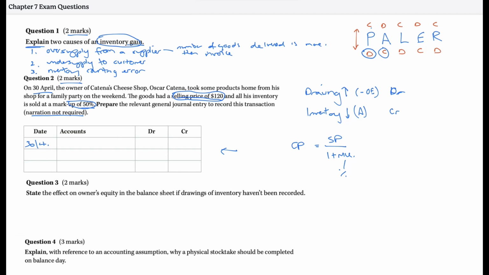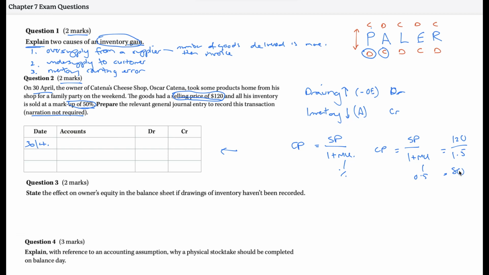50% equals 0.5, so our cost price is going to equal our selling price divided by 1 plus the markup, which is going to equal 120 divided by 1.5, because remembering the markup was 0.5. That is going to result in $80. And that makes sense.